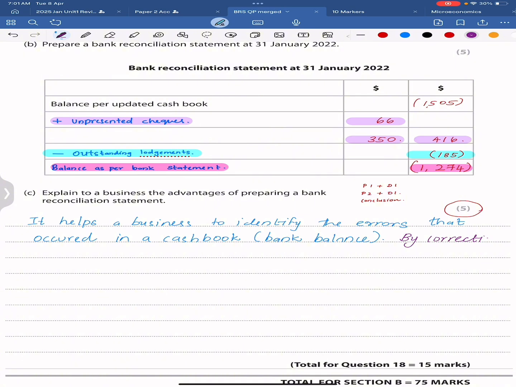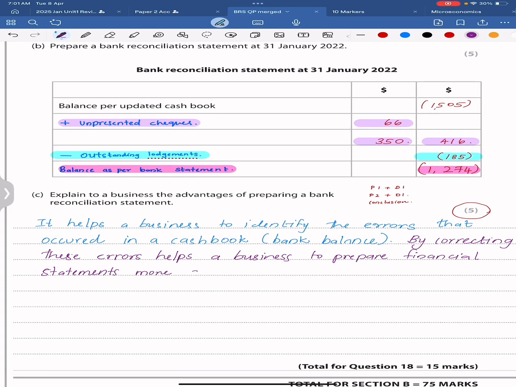So this error can occur in a cash book prepared by the business or by the bank statement. So development for this: by correcting these errors, it helps a business to prepare financial statements or documents more accurately, because you're able to correct the errors.